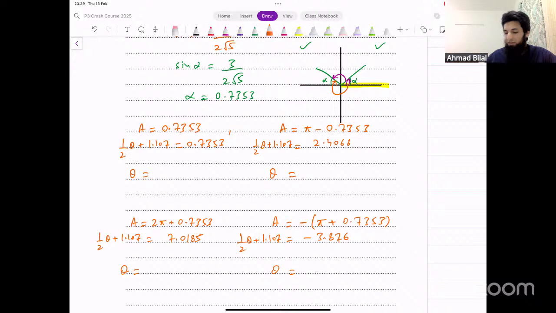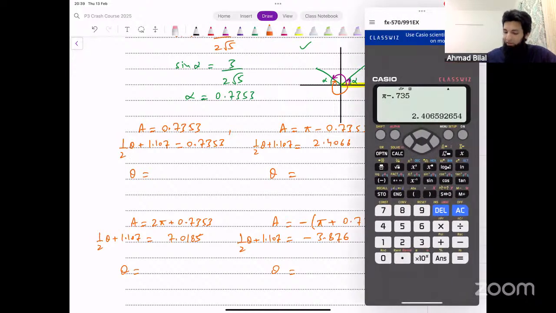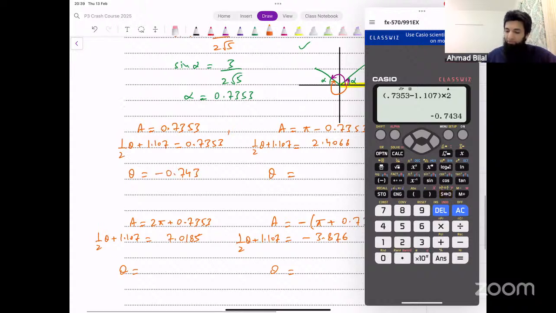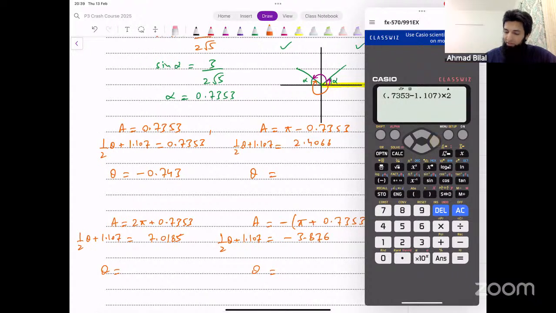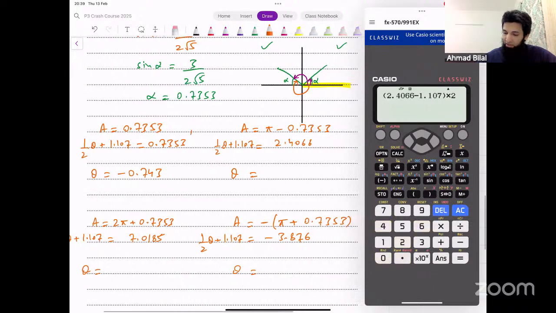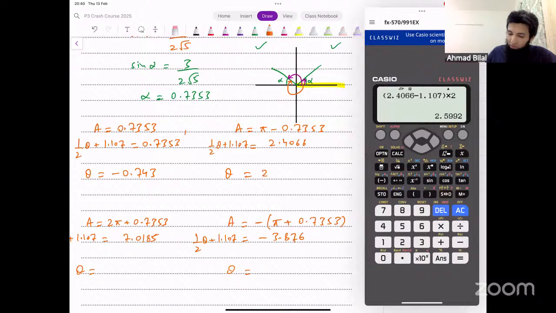Has anyone done this? The values of theta, what do you get? 0.7353 minus 1.107 times 2. The first value that I'm getting is minus 0.743. Then the next one, you make the structure like this and just change the angle there, 2.4066. That's giving me 2.599, so that's 2.60.